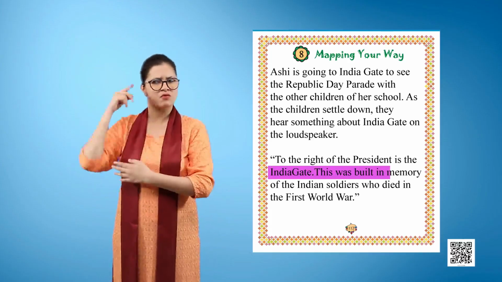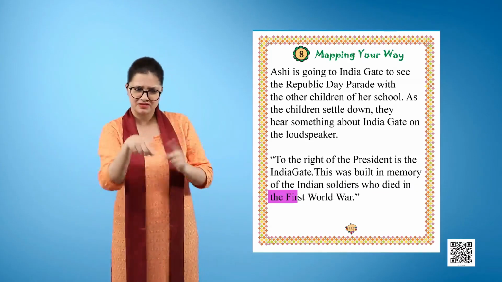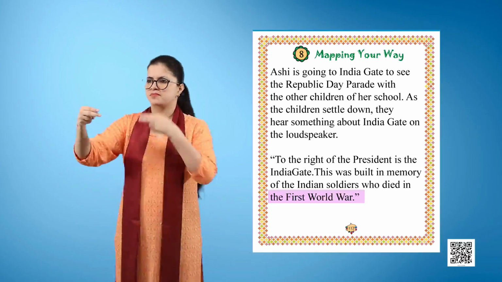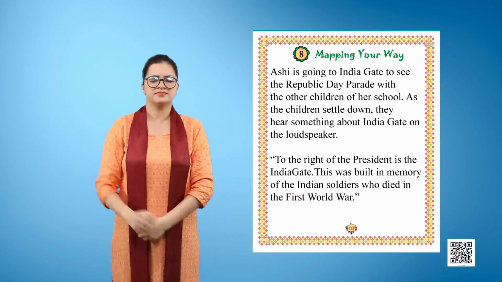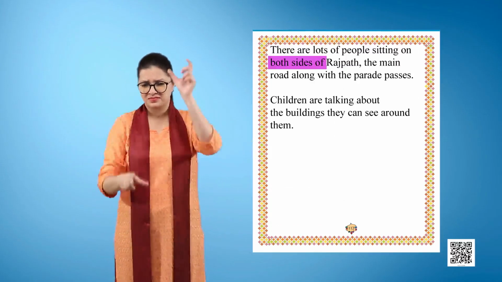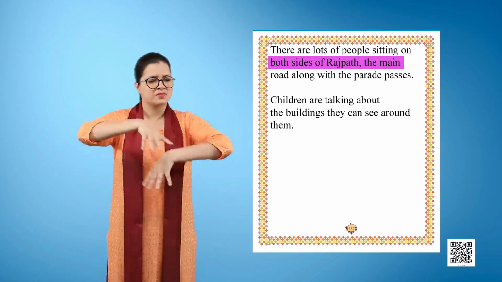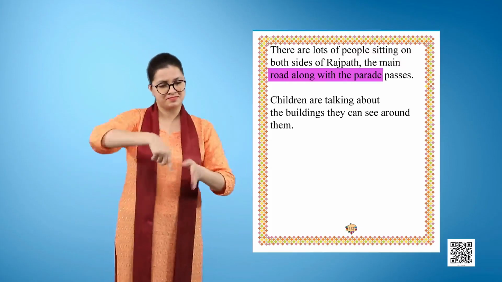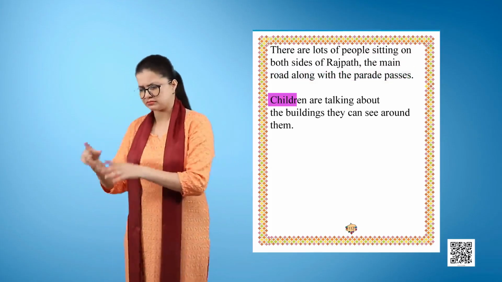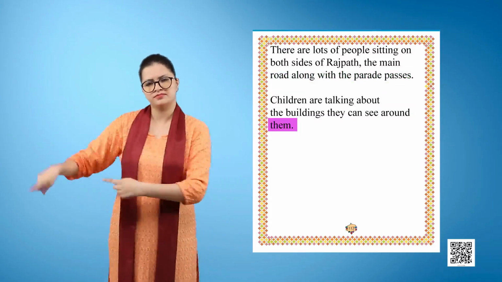This was built in memory of the Indian soldiers who died in the First World War. There are lots of people sitting on both sides of Rajpath, the main road along which the parade passes. Children are talking about the buildings they can see around them.